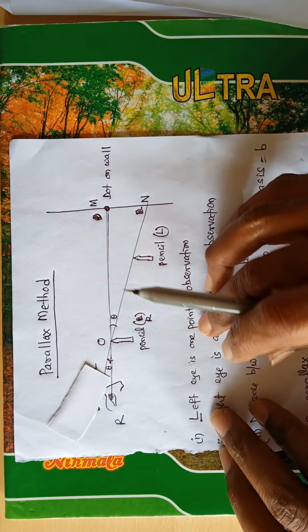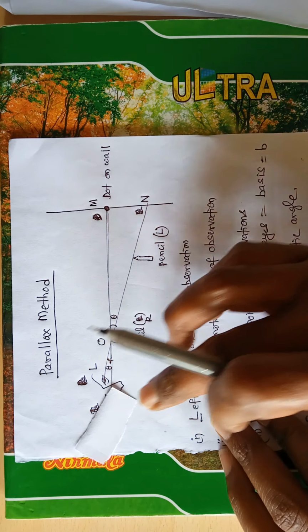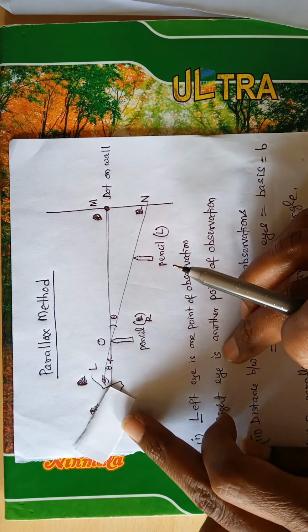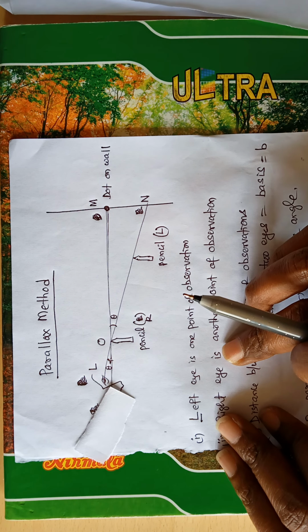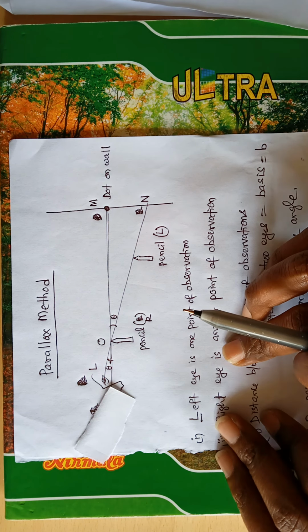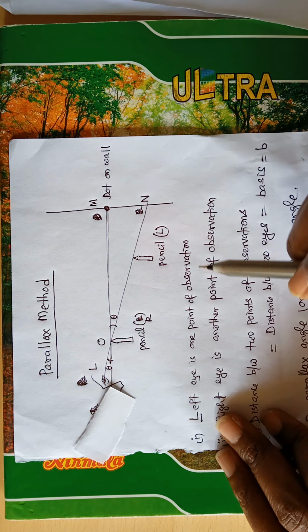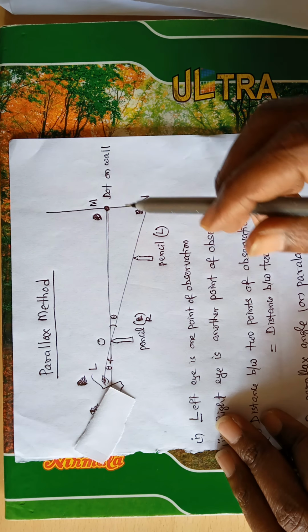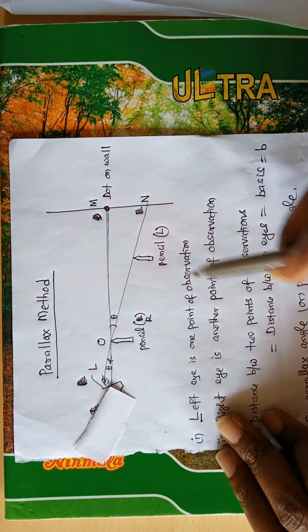Now you close your right eye and see with left eye. Then you can see your pencil is shifted. Now this time the dot and pencil do not coincide. You can see this is shifted to right side from this line of sight.